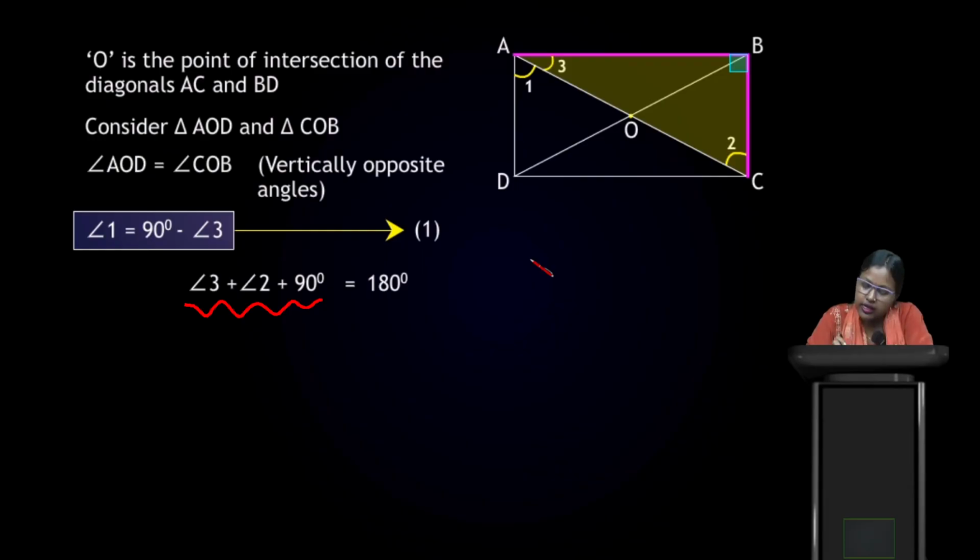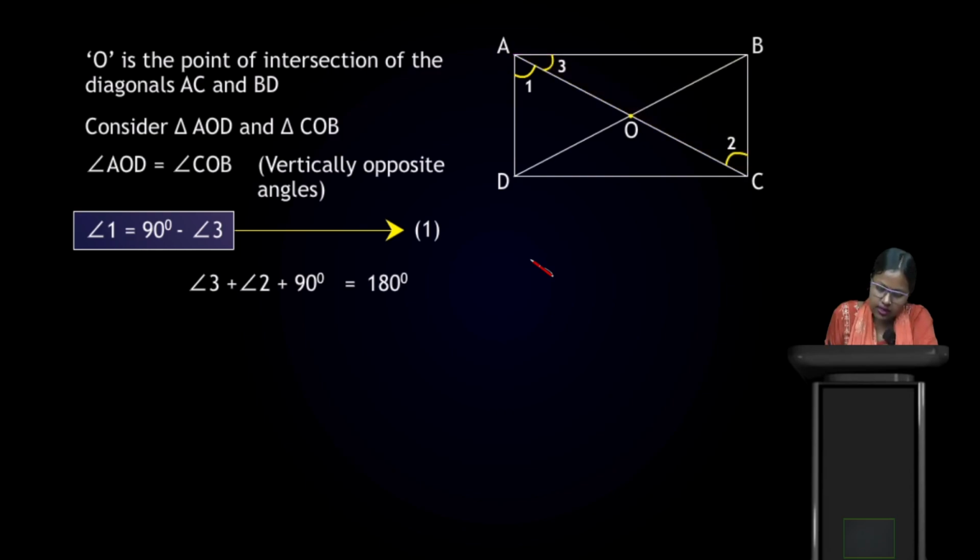So here you see the triangle is triangle ABC. So in triangle ABC, angle 3, angle 2 and 90 degree, all together if you add, the answer will be 180 degree. That means angle 3 plus angle 2 is 180 minus 90.